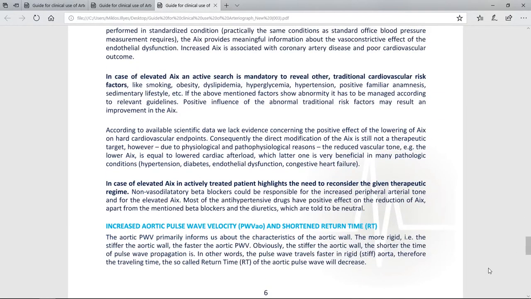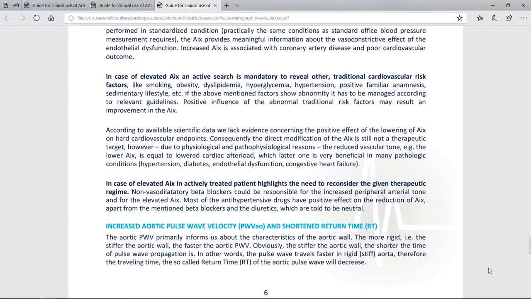So an elevated augmentation index in actively treated patients highlights the need to reconsider the applied therapeutic regime. Again, let me emphasize that non-vasodilatory beta blockers might be responsible for the increased peripheral arterial tone and for the elevated augmentation index in hypertension.